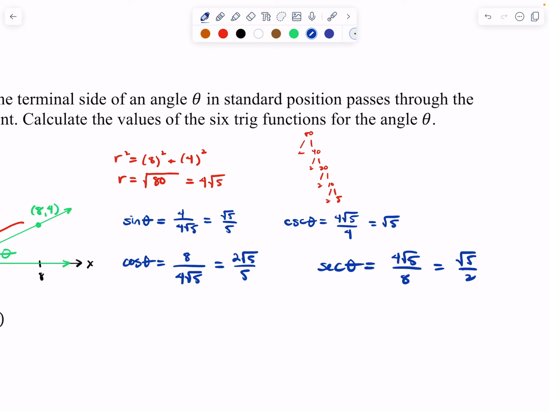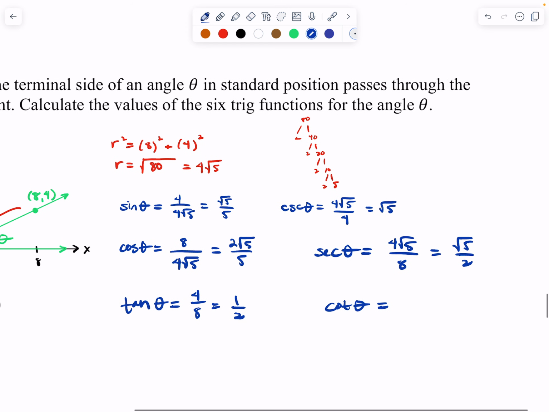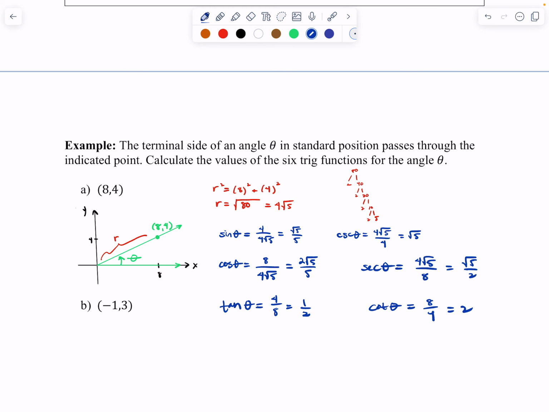Okay, and then tangent is y over x, so we already had that information, so 1/2. And cotangent of theta would then just be the reciprocal, which you could think of as 8 over 4 or 2.